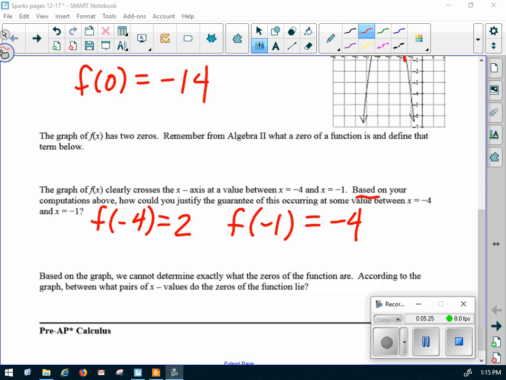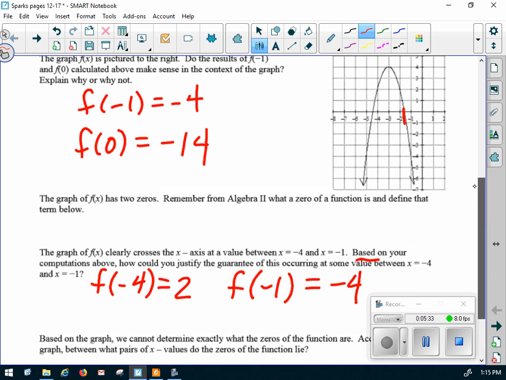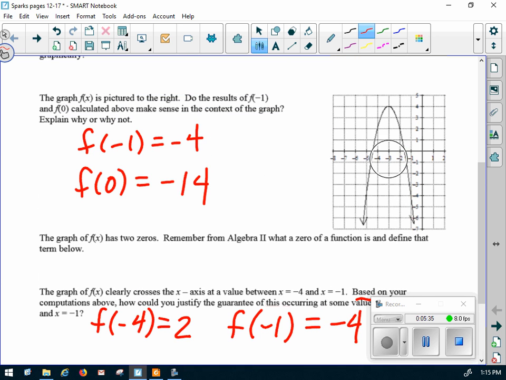What we're talking about here is a theorem that we're not going to name yet, but it's one of the big theorems. Now, let me show you what we're talking about here. f of -4 is 2. f of -1 is -4.